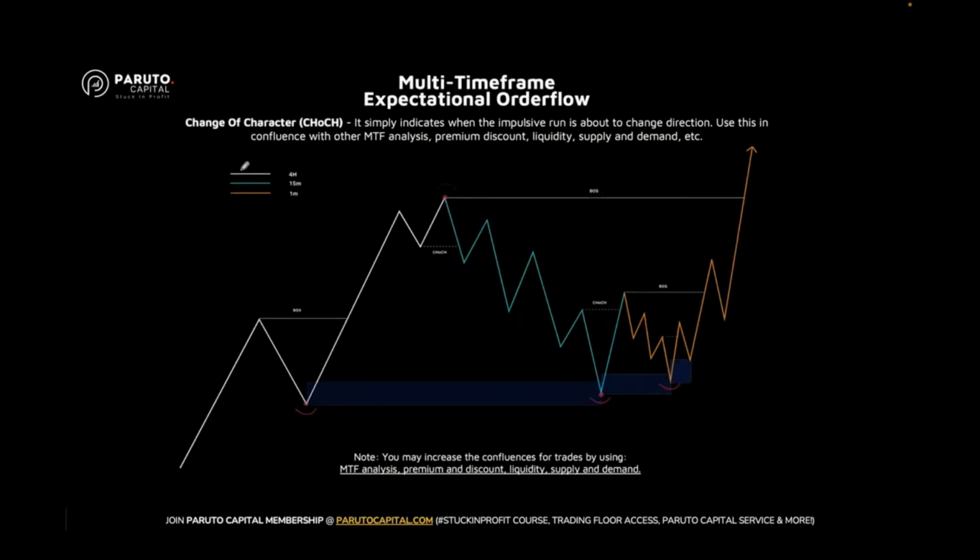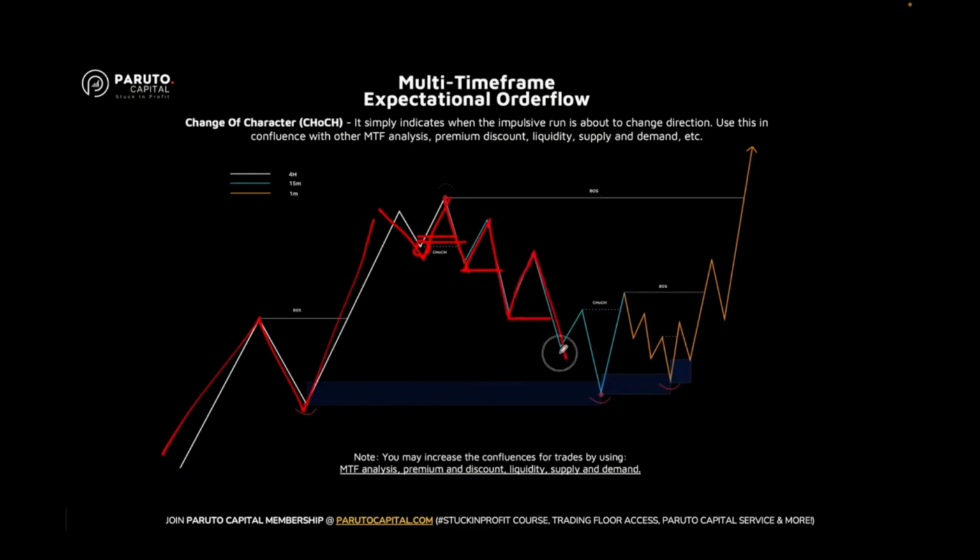Now you can see that the white lines denote the 4-hour chart, as you can see. And then here, there's a change of character at this point, because the 15 minutes pulled back and took out this low here, that's a change of character, and then a little pullback on the 15 minutes, and then it continues, and then a break of structure, a little pullback, and it continues.